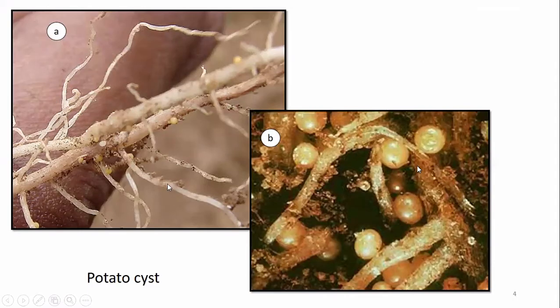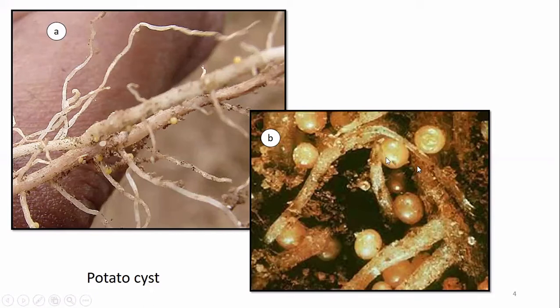This is the root system affected by the potato cyst nematode. What is the cyst? The cyst is the dead female body of the nematode. It is covered by a hard coat.